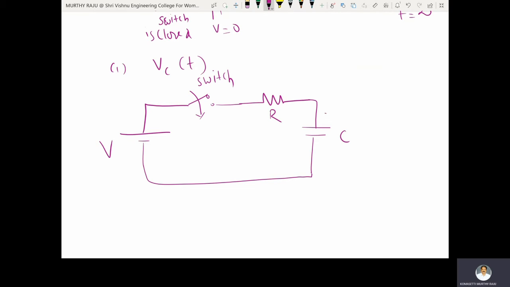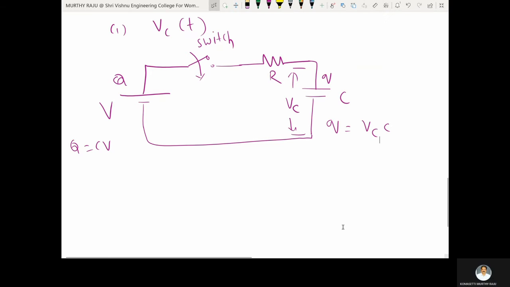Here the charge on the capacitor is Q. Q is equal to CV, where Vc is the capacitor voltage, so Q is equal to Vc into C.